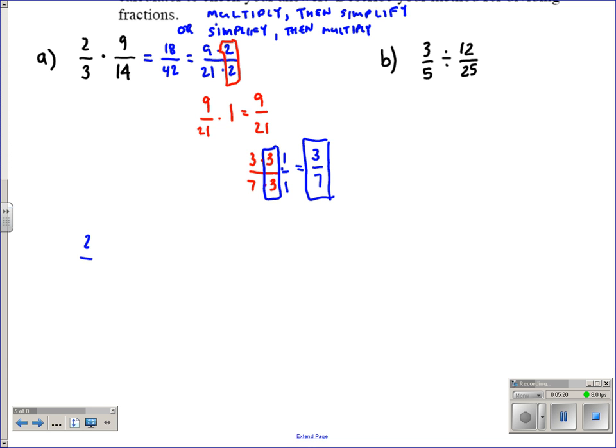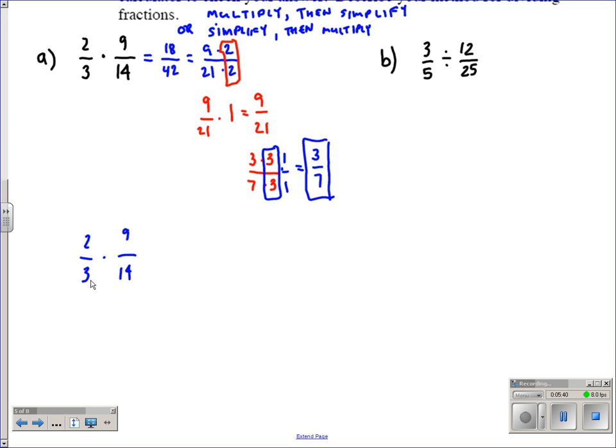I have 2/3 times 9 over 14. When we multiply these, our 2 and 9 are going to end up in the numerator, and our 3 and 14 in the denominator.